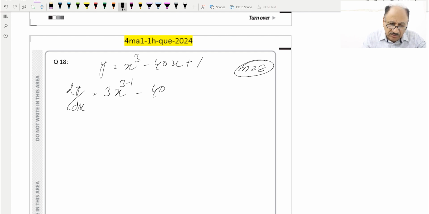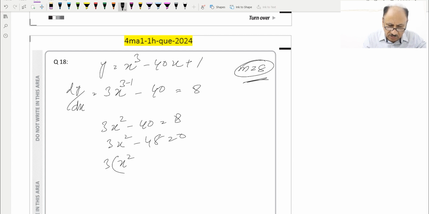So we can write this equal to 8 because it is given information in the question. So 3x square minus 40 is equal to 8, or 3x square minus 48 is equal to 0. 3 we can take common, so x square minus 16 is equal to 0.